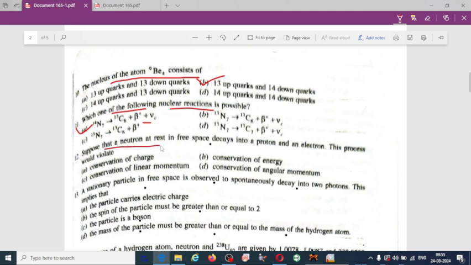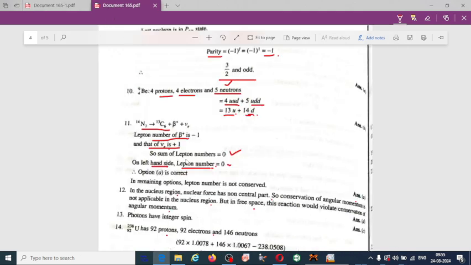Suppose that a neutron at rest in free space decays into a proton and an electron. This process would violate... For the given question, there is a reason behind that. In the nucleus region, nuclear forces have a non-central part, according to the properties of nuclear forces.